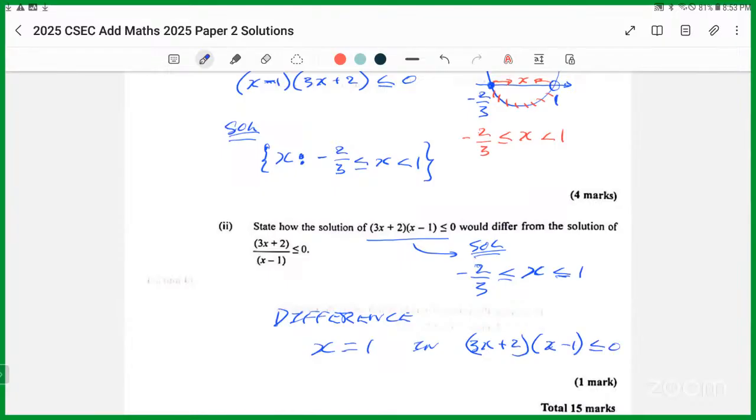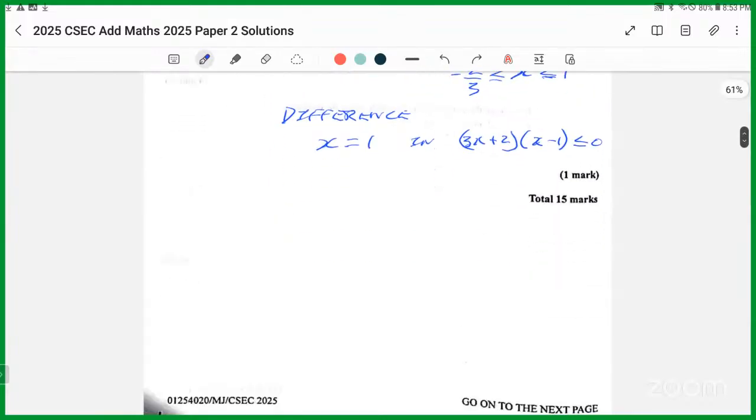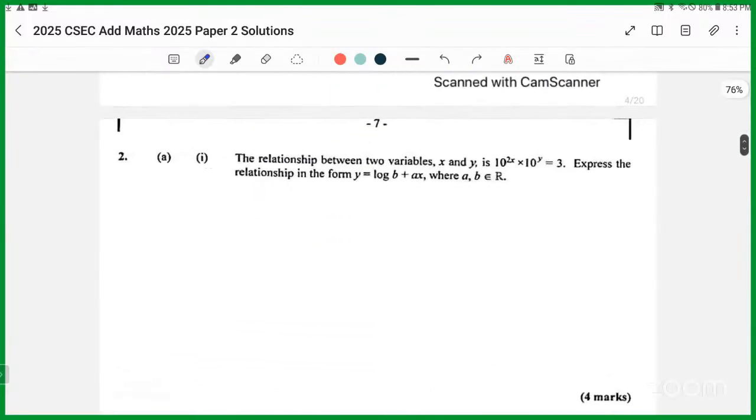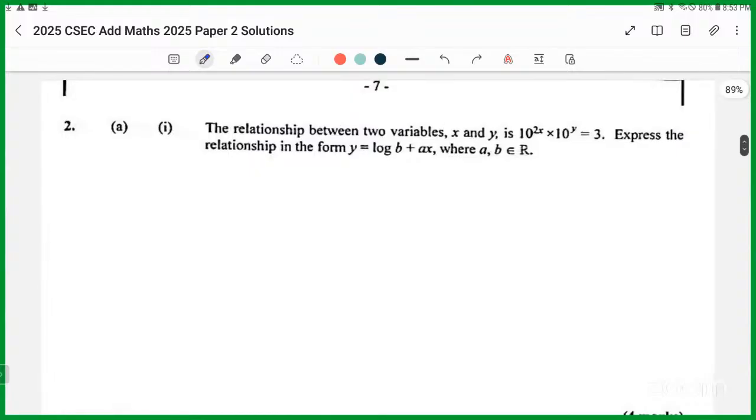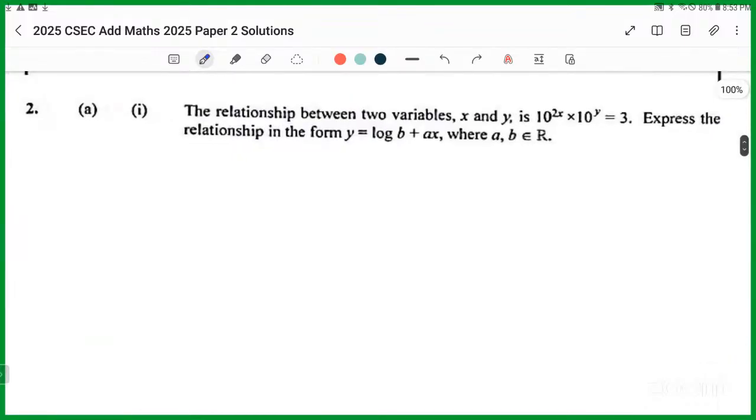That is the difference. So we're including the 1 on this one. One mark for stating that. All right, this is something that I pointed out to my students just the other day. They remember, a couple of them in particular.